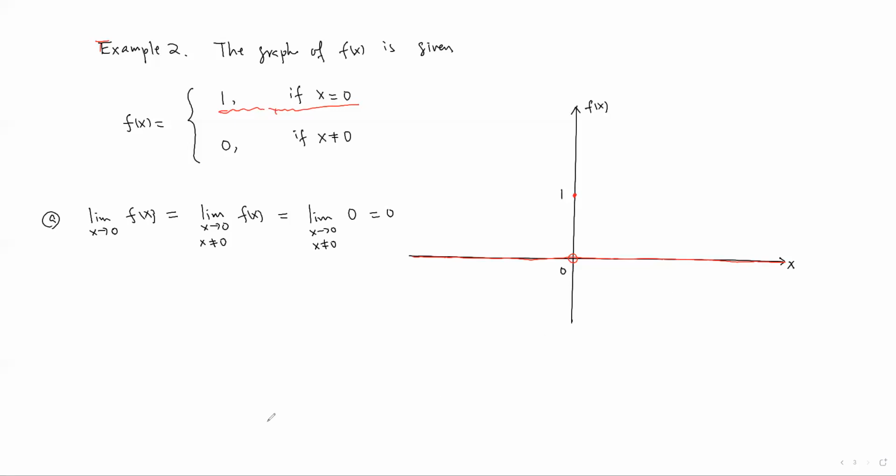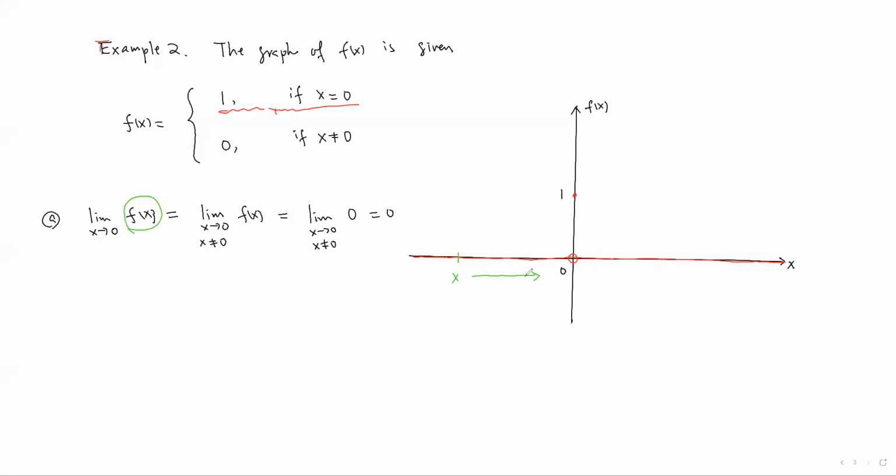From this diagram, we can see the limit is 0. Pick a point x here. Now x is closer and closer to 0. The function value is the height of the graph, and the height of the graph is 0.